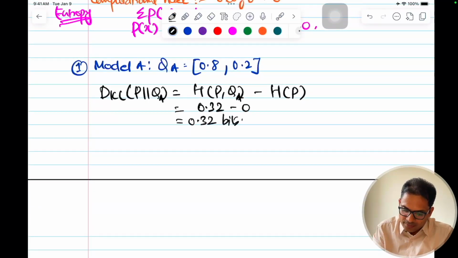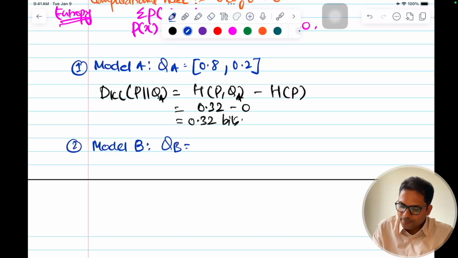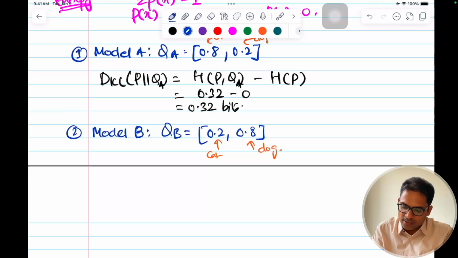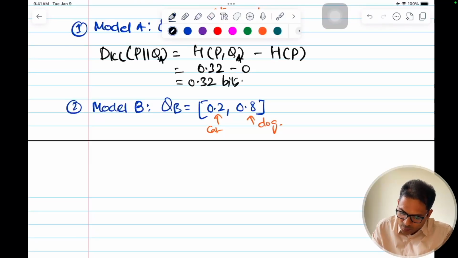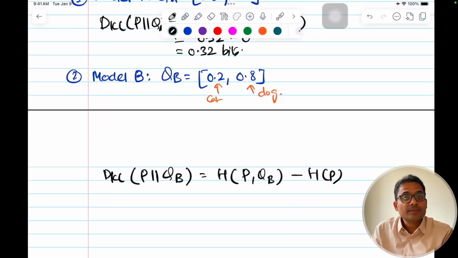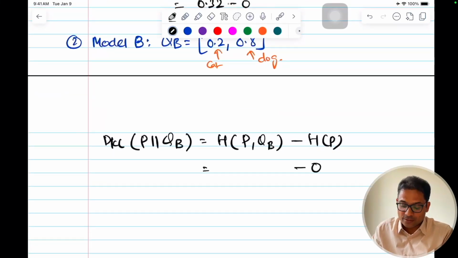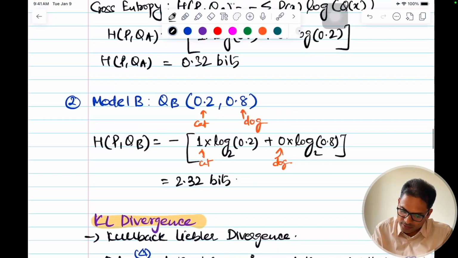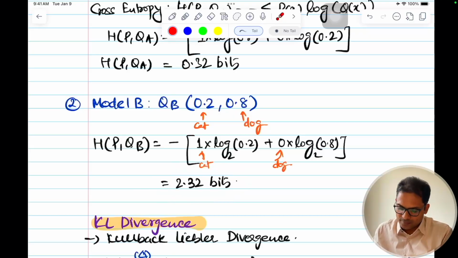And now the second model, model B, predicted the opposite: 0.2 cat and 0.8 dog. Similarly, the KL divergence will be equal to the cross entropy minus the base, which we calculated as 0. The cross entropy for QB, from the cat and dog example we did earlier, is 2.32 bits.